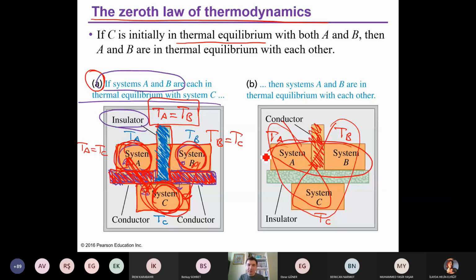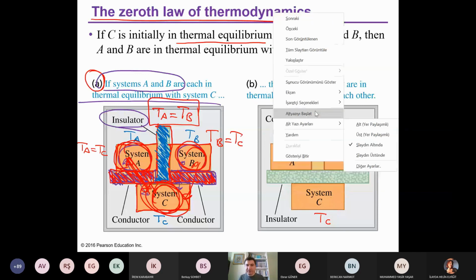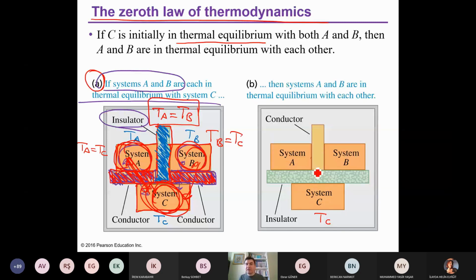So actually, here I should talk about also the thermal conductors, thermal insulators. So thermal conductivity of each material is unique. So different materials have different thermal conductivity and thermal insulating properties.